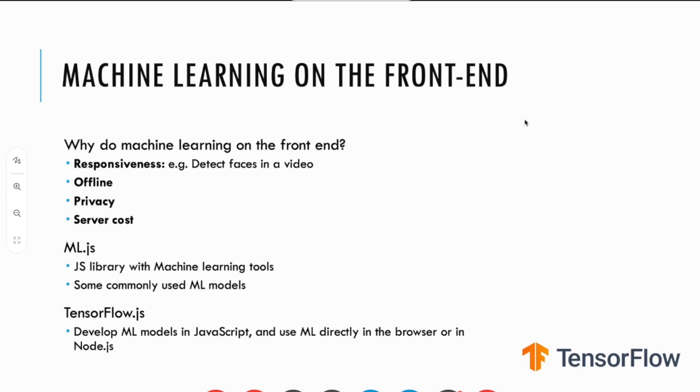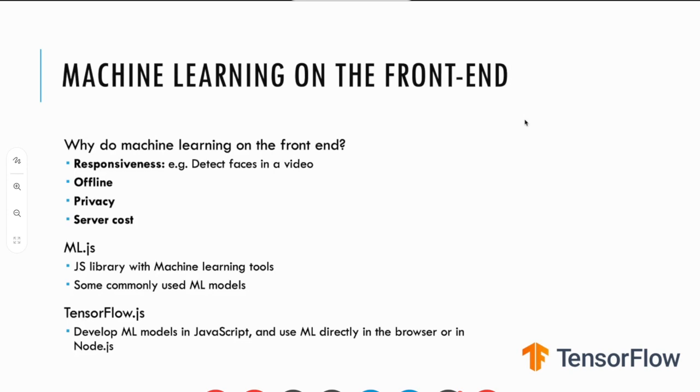Similarly, if you want your machine learning application to work offline, you could not depend on the server, and machine learning on the front end would help you there. Similarly, there are cases of privacy where users don't want their data to be sent across to your servers, so you can just do machine learning without sending the data to the server. And then there are also operational costs with maintaining a server.